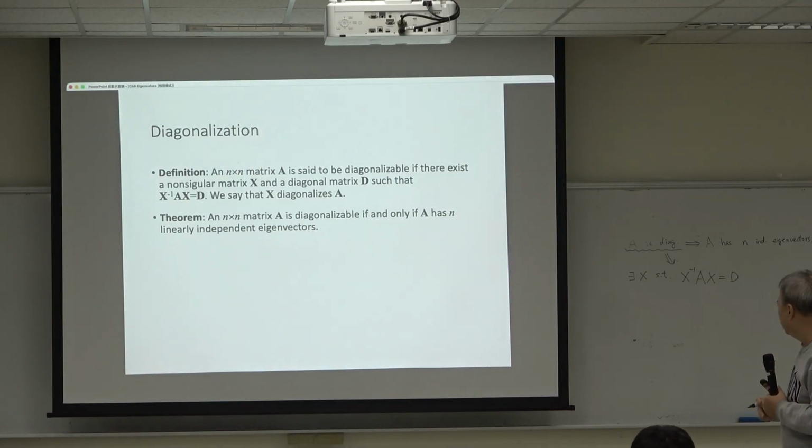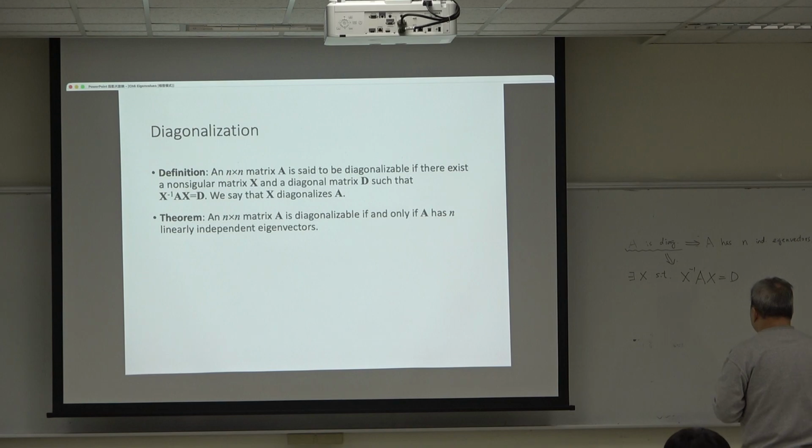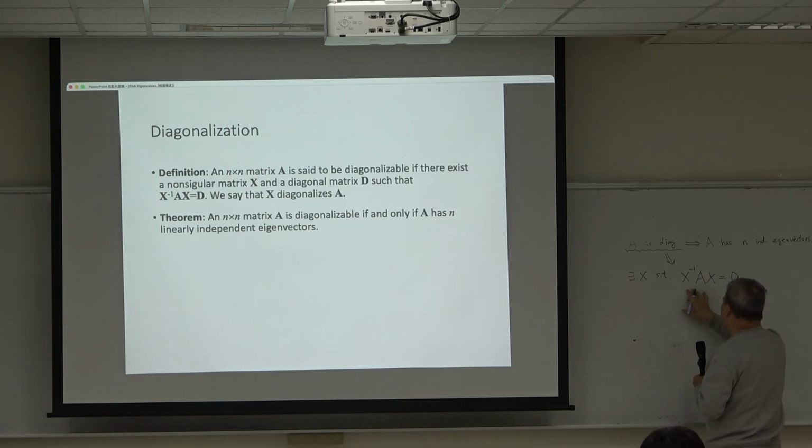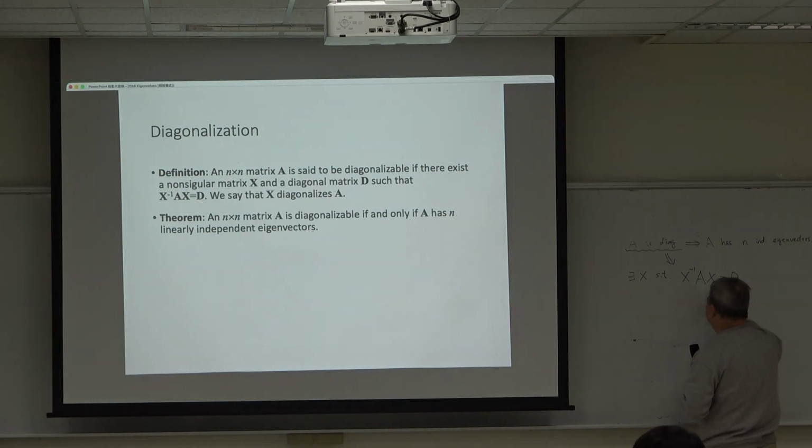Then, because X is non-singular, if you multiply X from the left-hand side on both sides, what you get is AX equals XD.